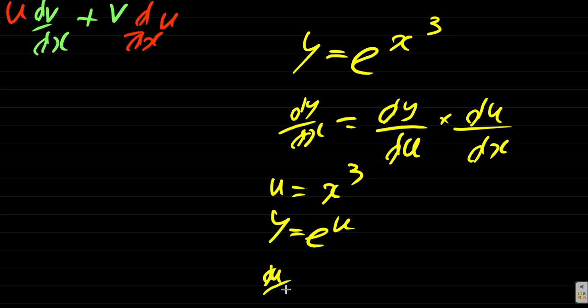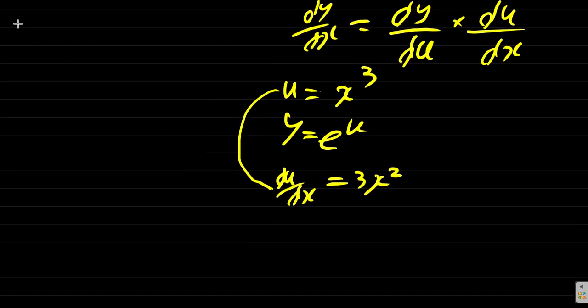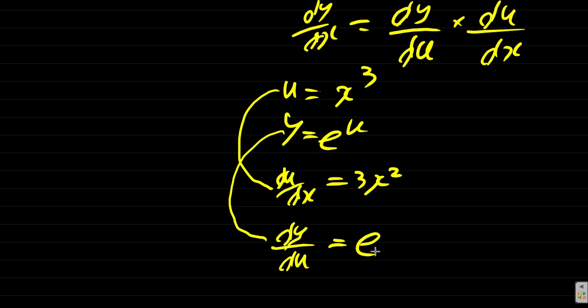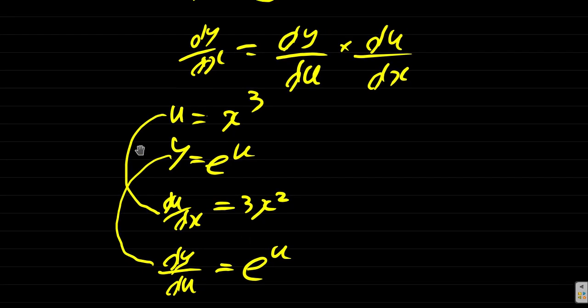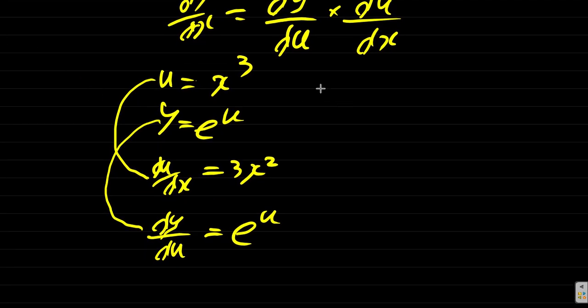What is du by dx? It would be 3x squared, right? So this is from the u. What about the y? Let's differentiate this. dy by du would be, when you differentiate e to the u, you get e to the u. Alright. So, what happened here?